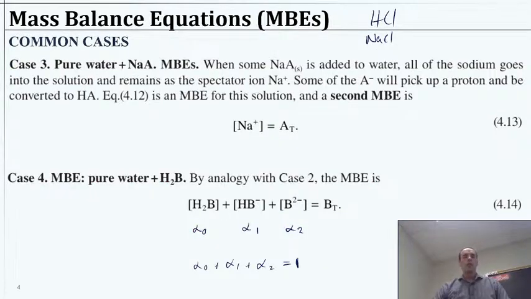Okay, so the mass balance in this fourth case here, this H2B, we're just recognizing that those protons can come off one at a time. So there's 3 different species that can be there, right? And we've already talked about this a little bit with the carbonic acid system, right? We could have H2CO3, we could have HCO3 minus, and CO3 2 minus, right?